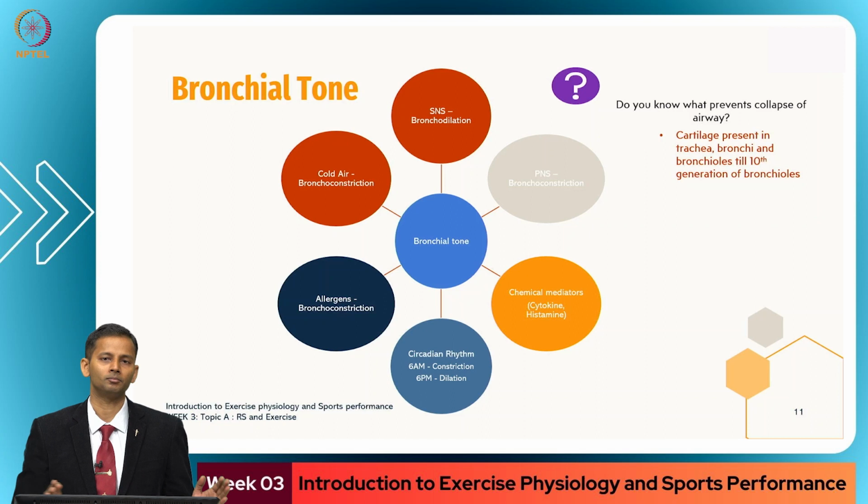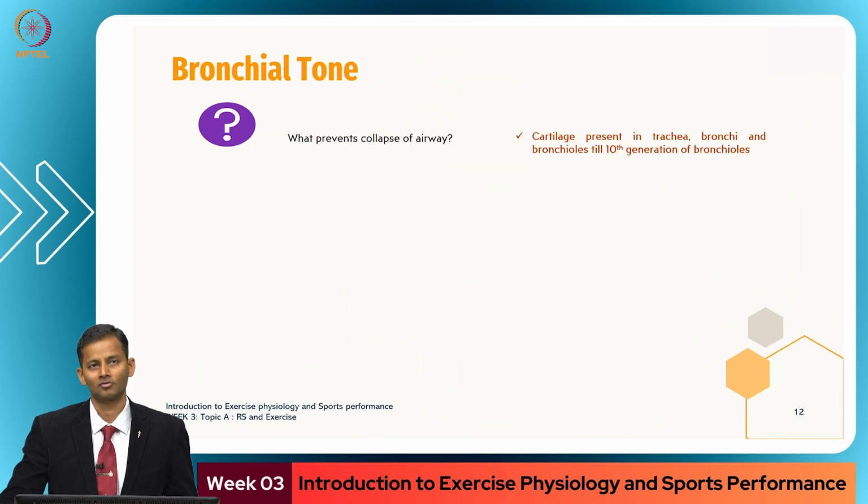Cartilage is a bony, immature bone, you can say, and this immature bone helps in maintaining the patency of the airway, thereby it prevents collapse of the airway. If you palpate along your neck, you will find ring-like structures arranged horizontally, and these are called the cartilage. So these cartilages are responsible for maintaining the patency of the airway. As I mentioned, cartilage is present in the trachea, bronchi and the bronchioles till the 10th generation.